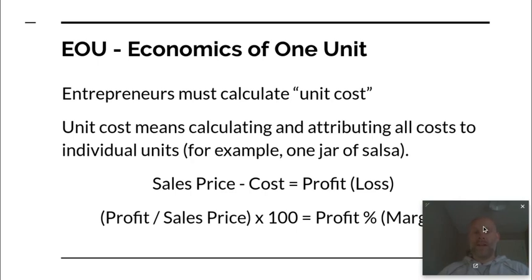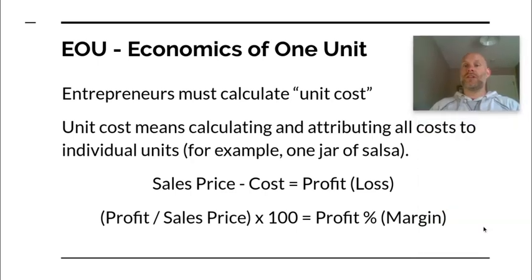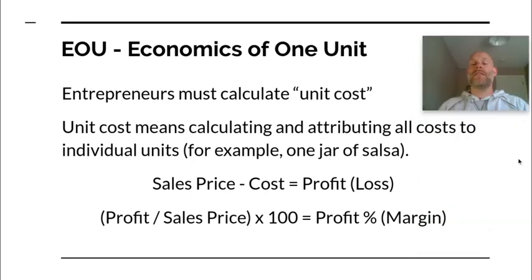And that gets me into profit margin. Profit margin is one of the most basic statistics that are used to analyze businesses. Your profit margin is basically your percentage. You take your profit, divide it by your sales price, multiply by 100, and that gives you the percentage that you're making on each sale.